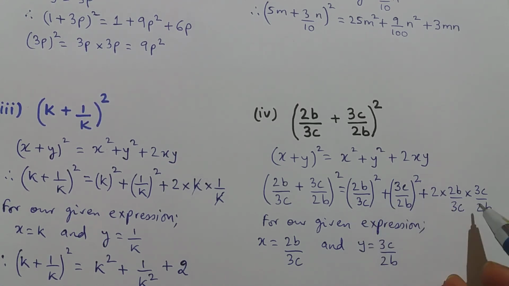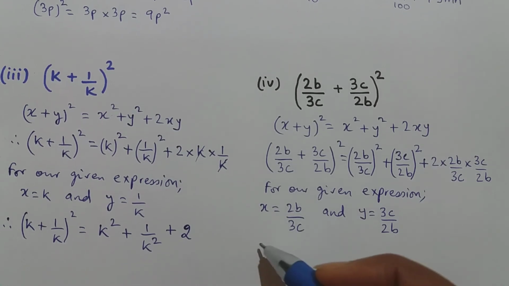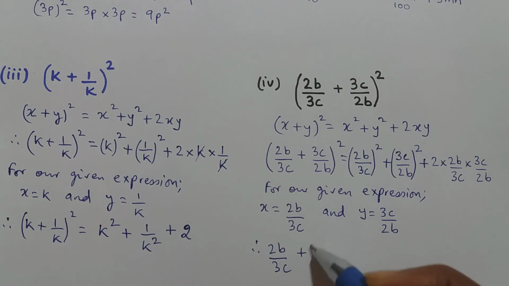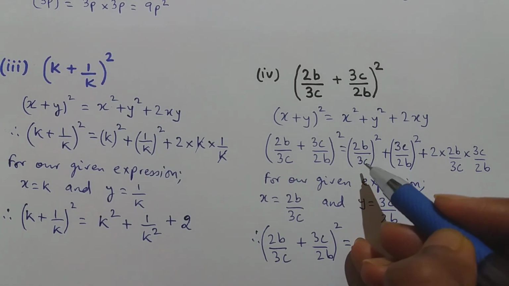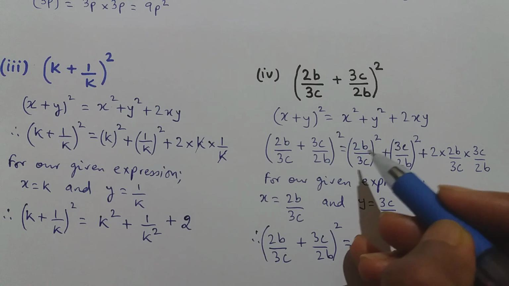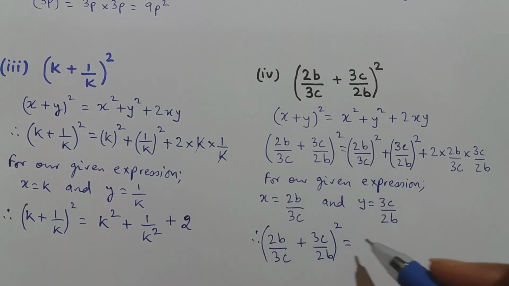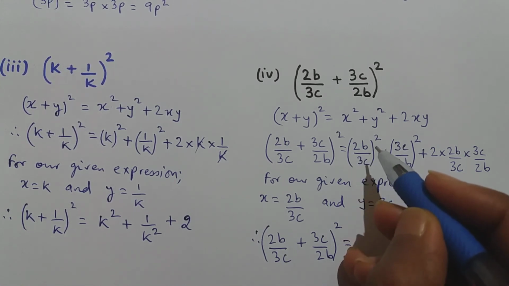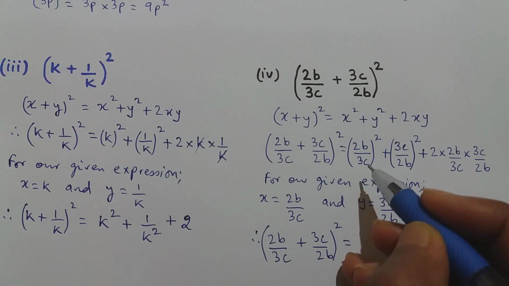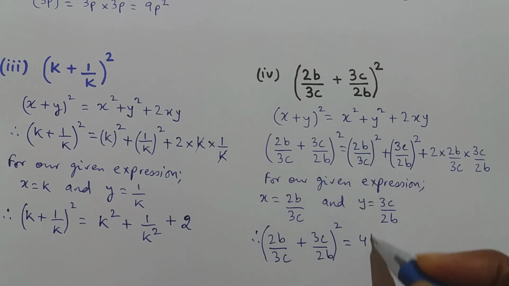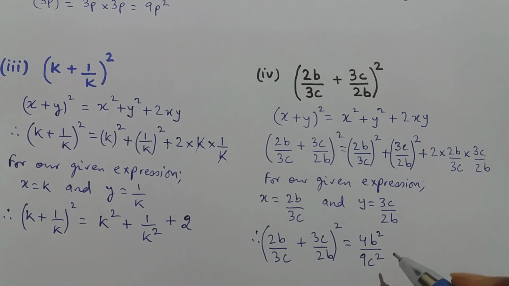And now let us simplify this. Now 2b upon 3c whole square becomes 4b square upon 9c square.